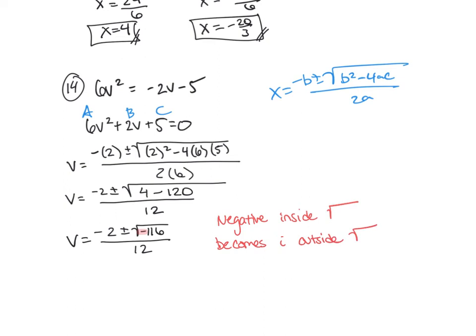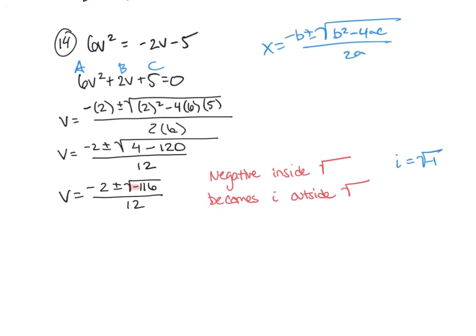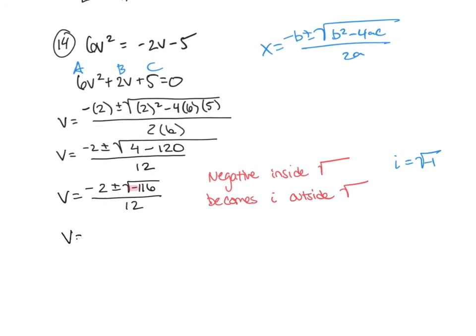And that's because i is equal to the square root of negative 1. So we can think of that negative as just multiplying by that negative 1. So we're going to rewrite our final answer as v is equal to negative 2 plus or minus i times the square root of positive 116 over 12.